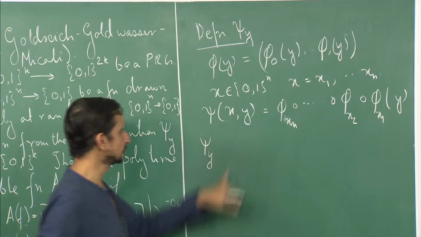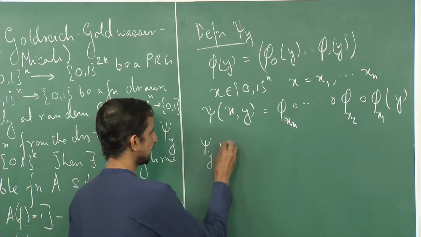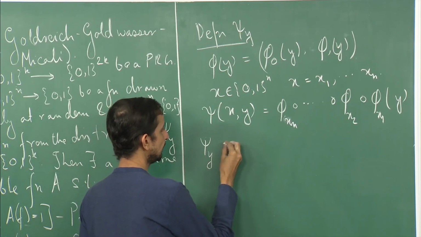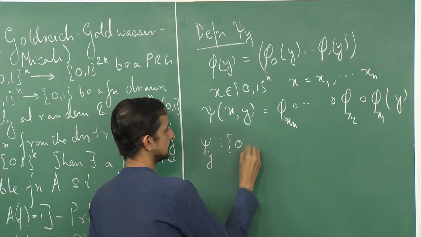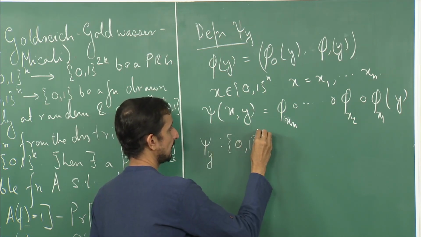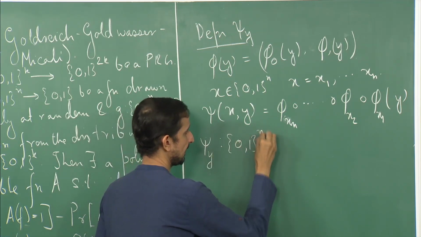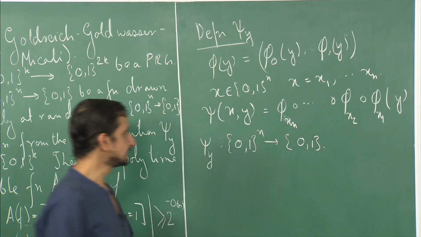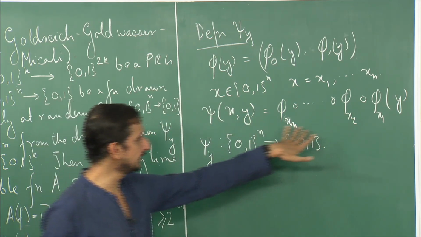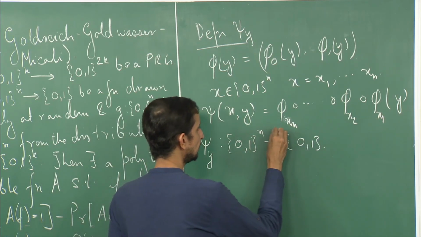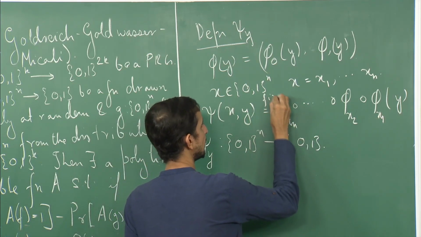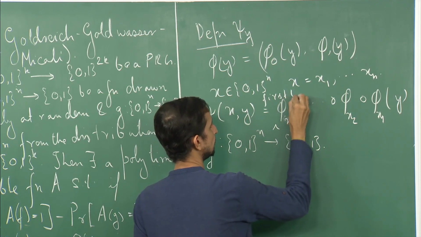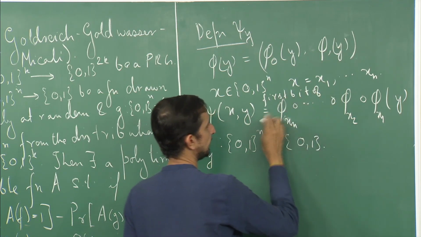So if y is chosen randomly, I can define this to be a map from {0,1}^n to {0,1}. Essentially, we take the first bit of this string.